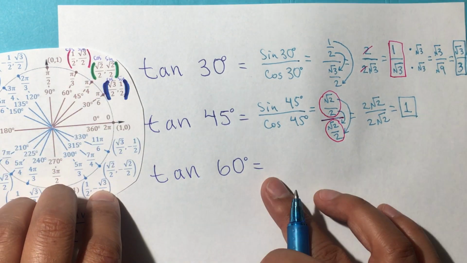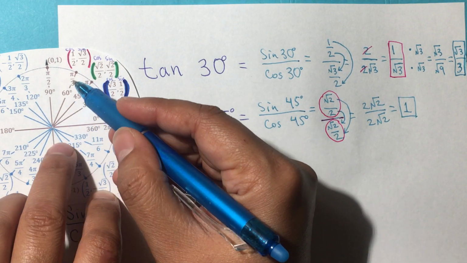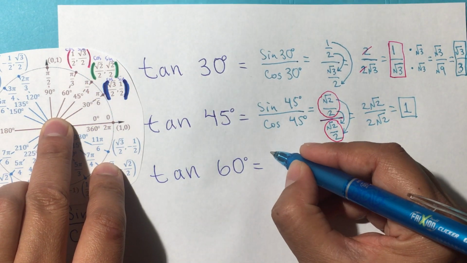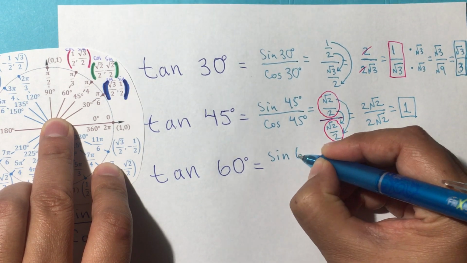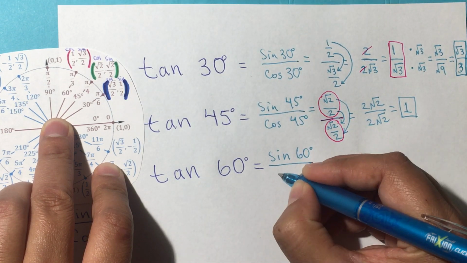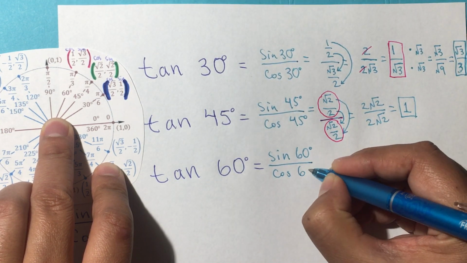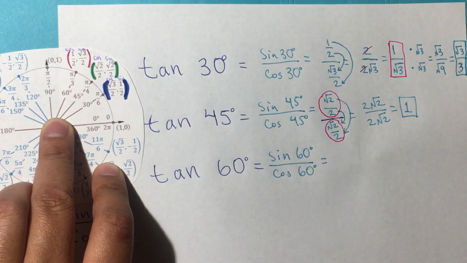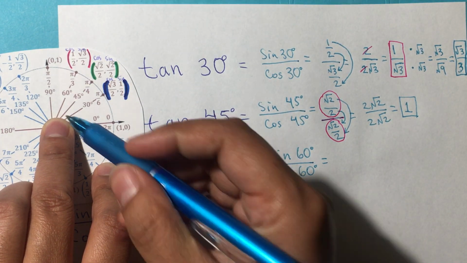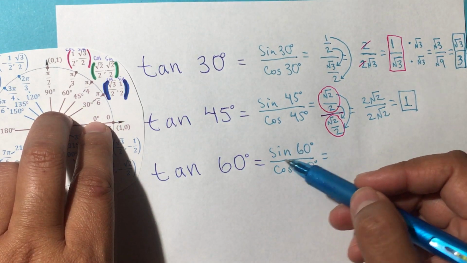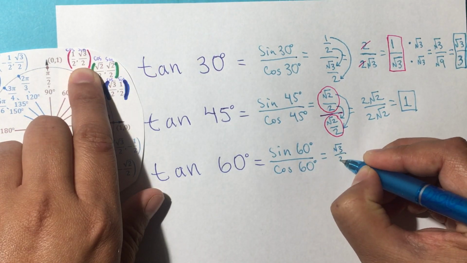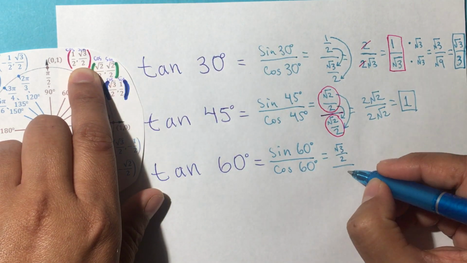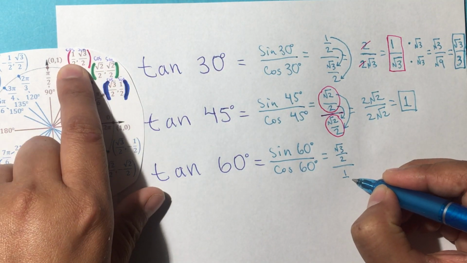Okay, let's go to tangent of 60. Again, tangent is equal to sine of the same angle over cosine of the same angle, which in this case is 60 degrees. The sine of 60 degrees is square root of 3 over 2, divided by 1/2, which is the cosine.